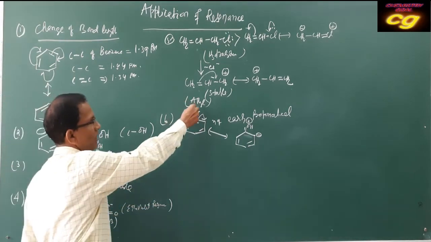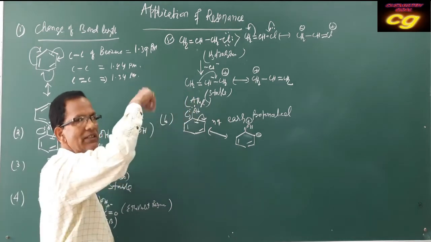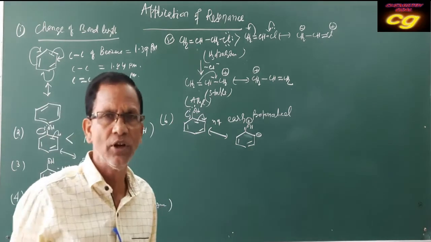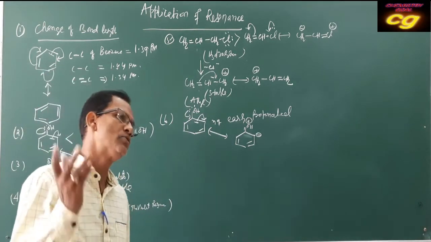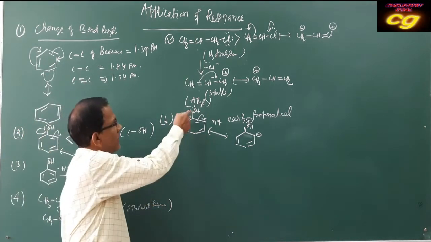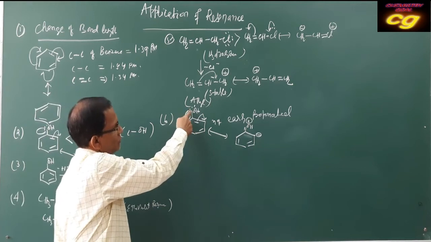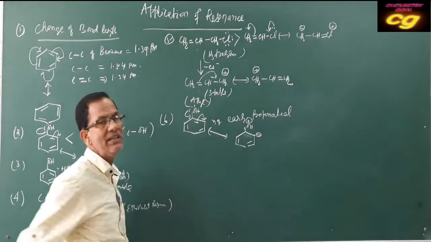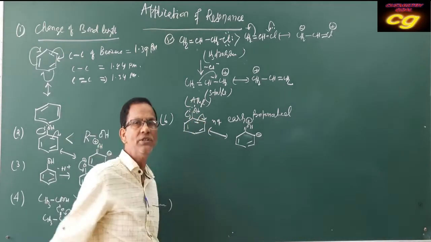For protonation, there should be electron density on the particular atom. As the electron density decreases due to resonance, H plus cannot easily be added. That's why protonation is difficult.